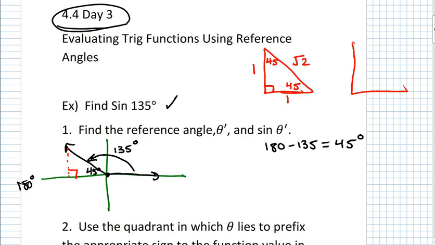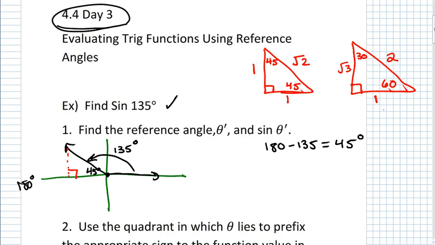Then there's a 30, 60, 90 right triangle. For the ratios, there's a smaller leg across from the 30, so that's 1. The leg across from the 60 is the square root of 3 times bigger, and the hypotenuse is 2 times bigger.